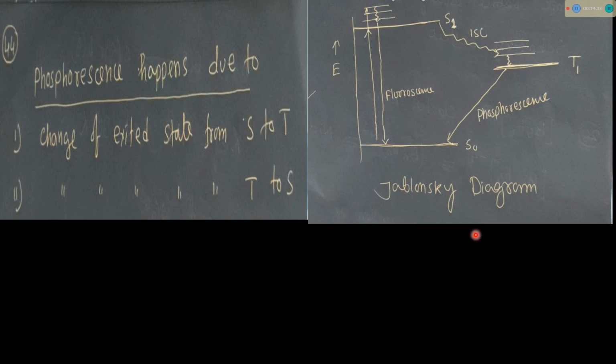So from the Jablonski diagram we know that if an electron is excited, then from the singlet ground state it moves to the first excited state. Then this is the first electronic excited state. S means electronic singlet state, T means triplet electronic excited state, and these are vibrational states.